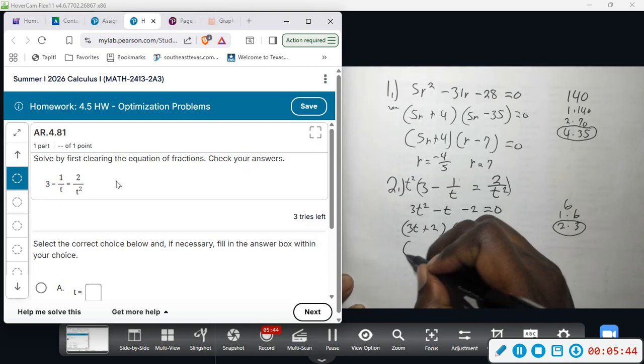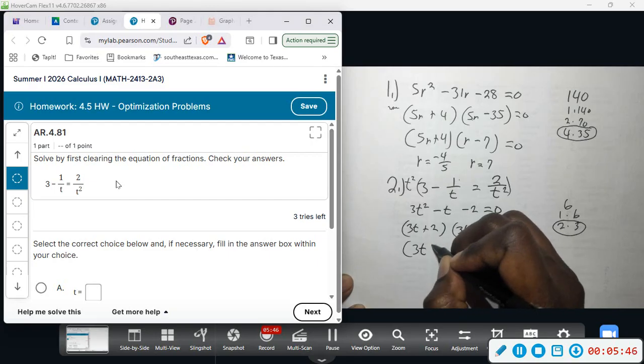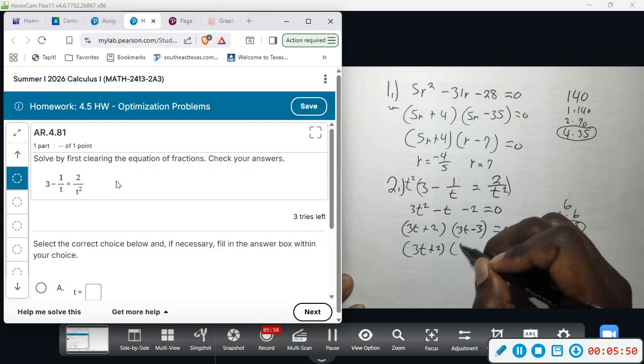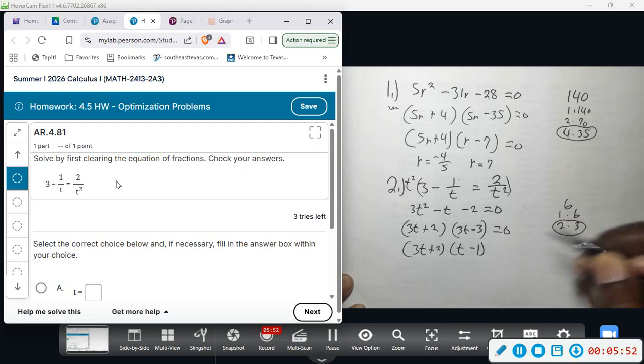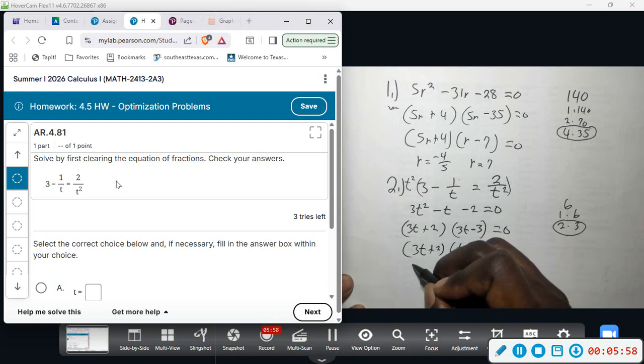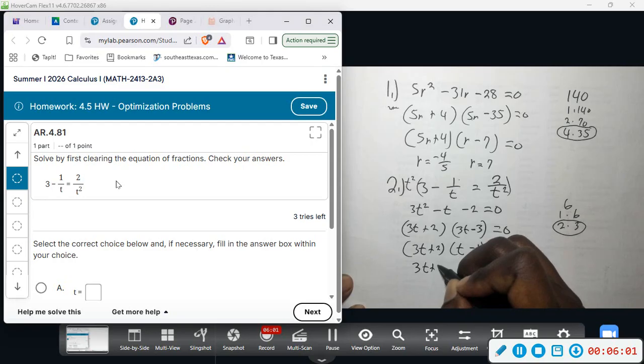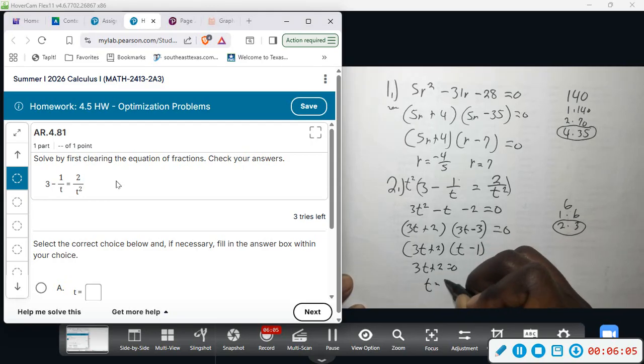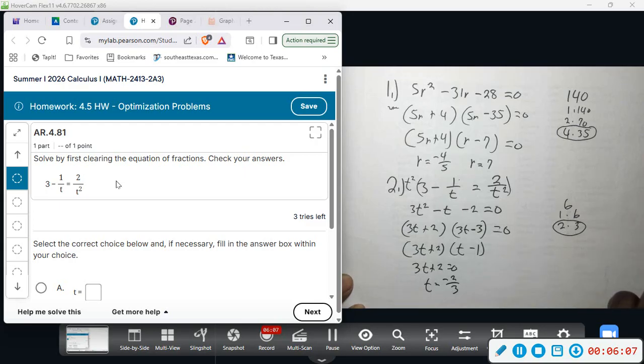This one will not reduce. This one can both be divided by 3. This will be t minus 1. If you FOIL it, it should go back and equal what we started with, or right here. Set them equal to 0. Subtract 2, divide by 3, so we get t equals negative 2 over 3.